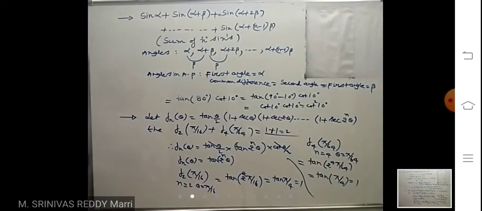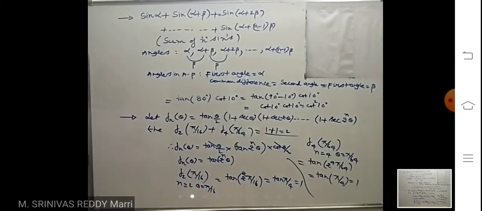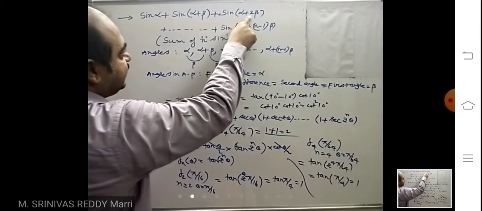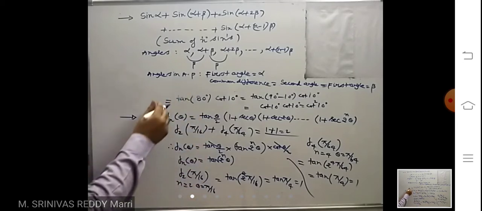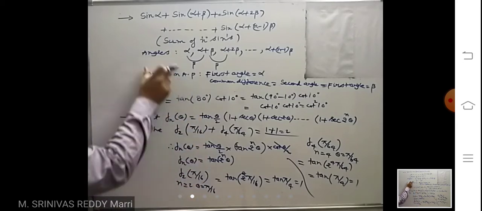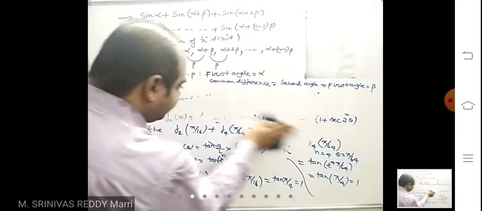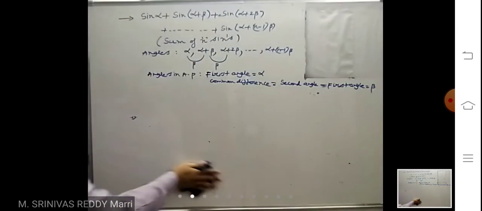All n sine terms will be there. The first angle is alpha, the second angle is alpha plus beta, the third angle is alpha plus 2 beta, and the last angle is alpha plus n minus 1 into beta. These angles will be in AP, and n sines will be there. The first angle is alpha, the common difference of the angles is beta.